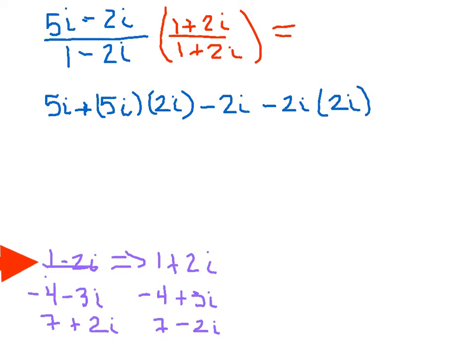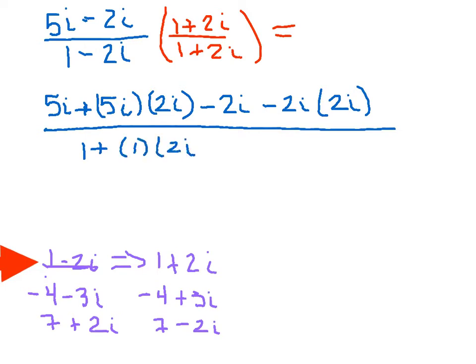And that's all over, and I do the exact same thing, FOILing out the denominator. 1 times 1 is 1. Then 1 times positive 2i gives me plus 2i. Then negative 2i times 1 gives me minus 2i.